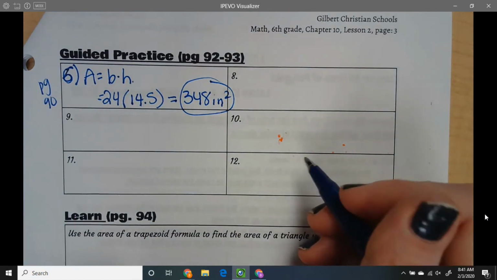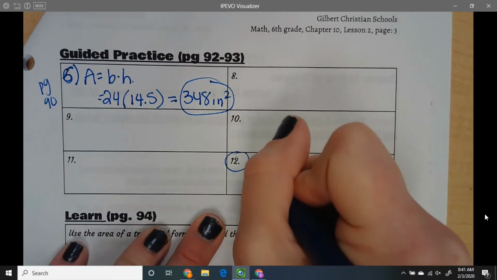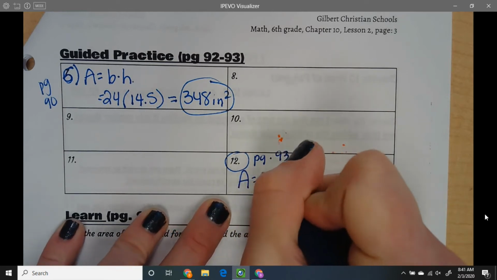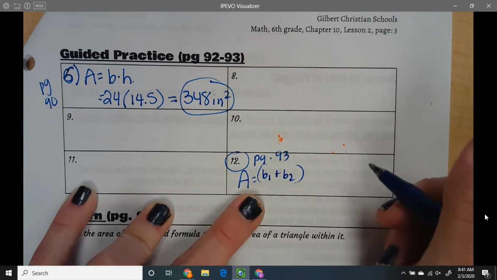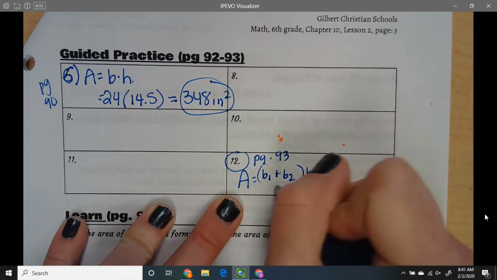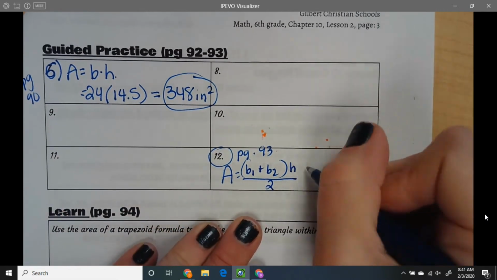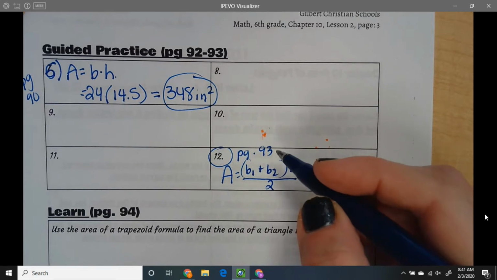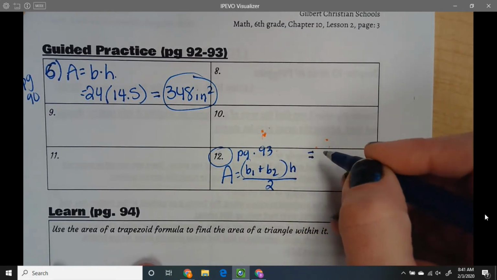And then for the trapezoid, let's practice number 12, and that would be on page 93. So first thing, we write down the area of a trapezoid formula, which is base 1 plus base 2 times height divided by 2, or you again could take it times 1/2. And then I substitute in what I know. Base 1, it doesn't matter if it's 21 or 10 6/10.